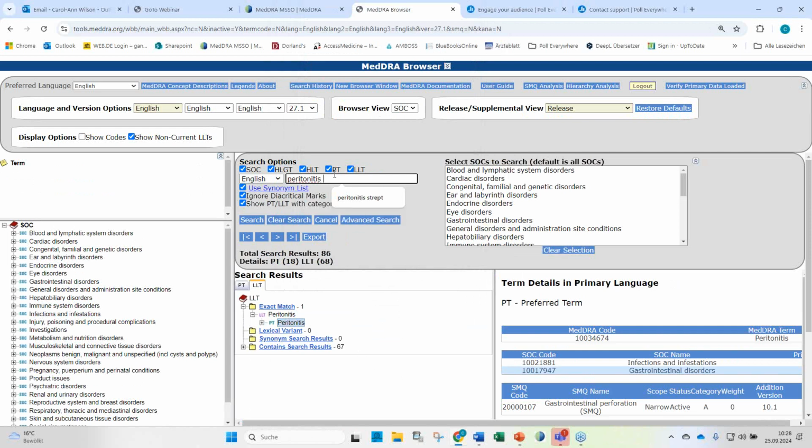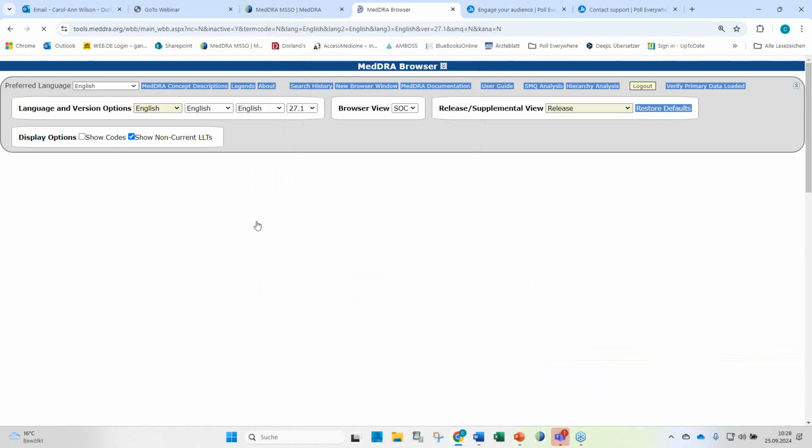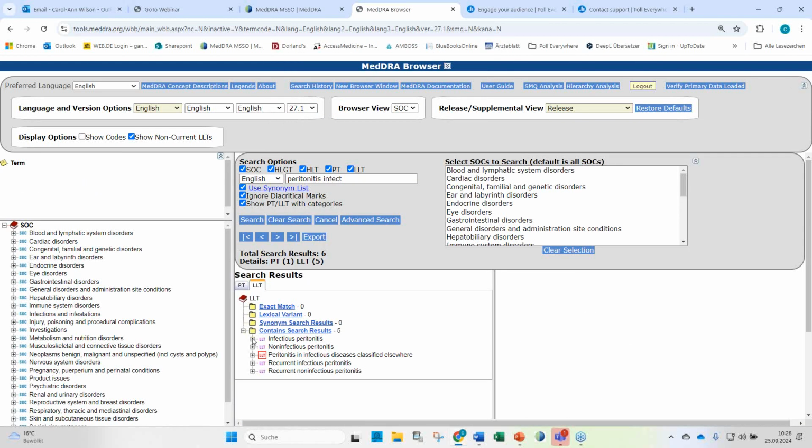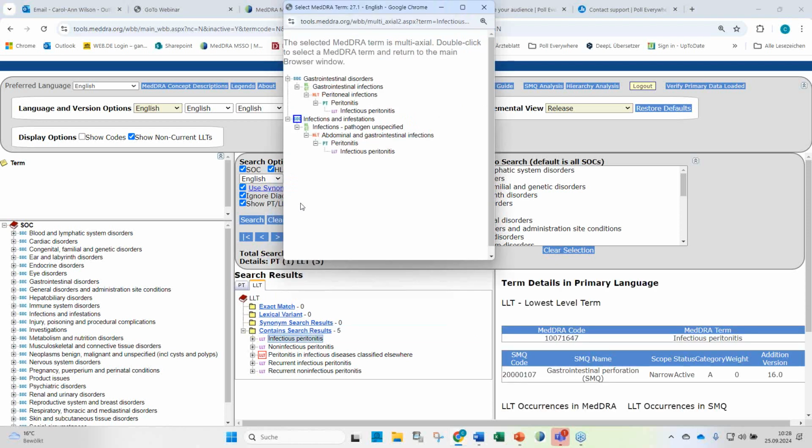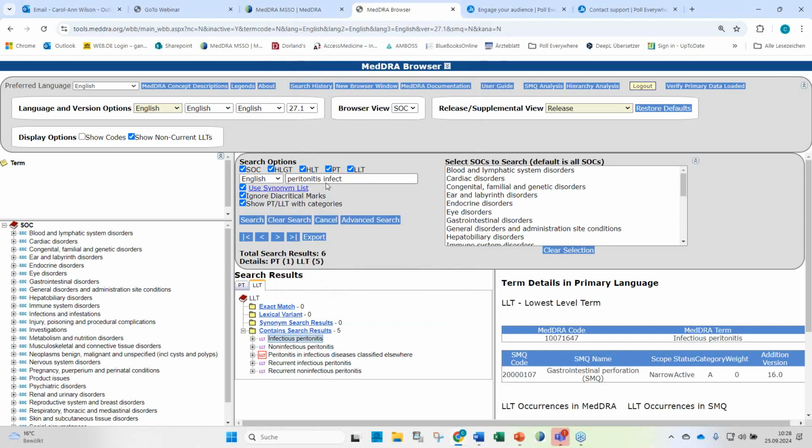Another option was infectious. Of course, we have a general term for an infectious peritonitis. Here it is. It's also grouped under infections pathogen unspecified. And now what about the bacterial one?